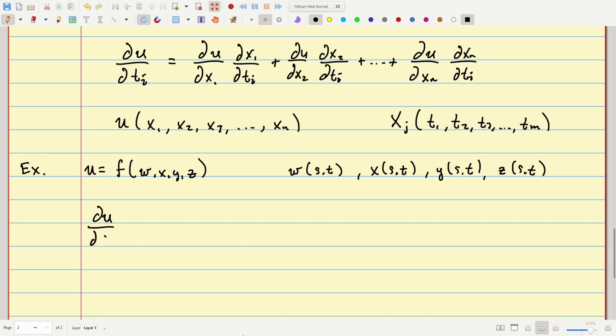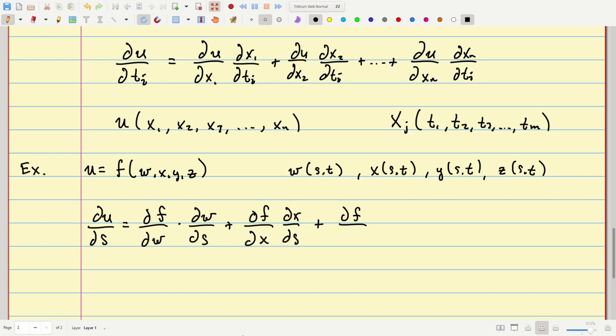So partial u partial s is equal to partial f partial w times partial w partial s, plus partial f partial x times partial x partial s, plus partial f partial y times partial y partial s, plus partial f partial z times partial z partial s.